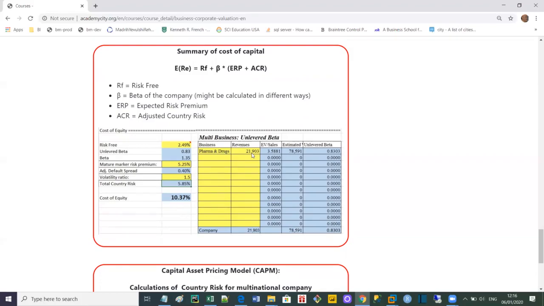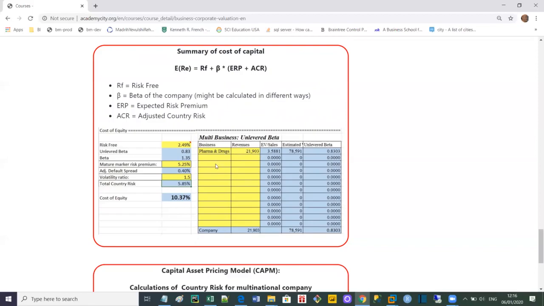You go to the financial statements, and you will not find those numbers in the financial statement itself. Remember, that's not supposed to be the total revenue unless the company is operating in only one industry. If the company is operating in one industry, this will be the total revenue.